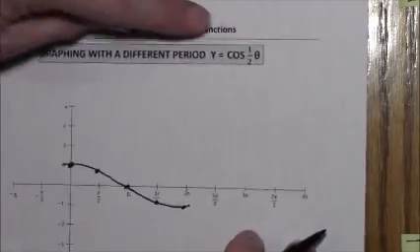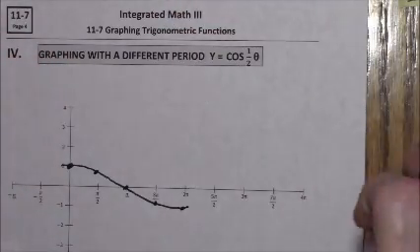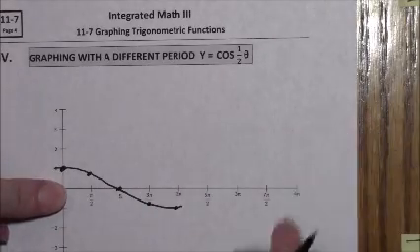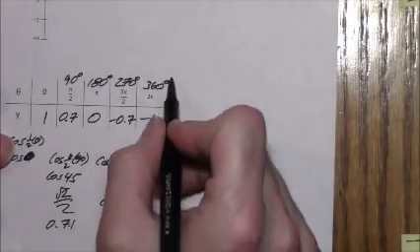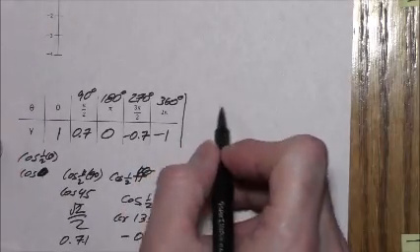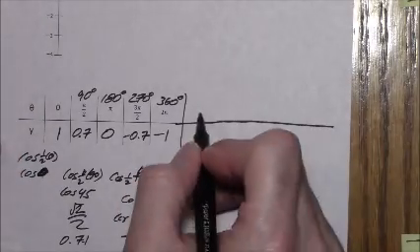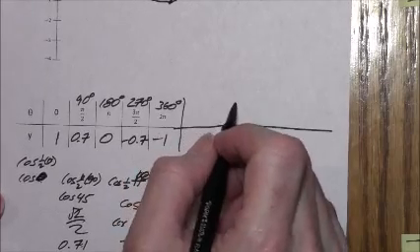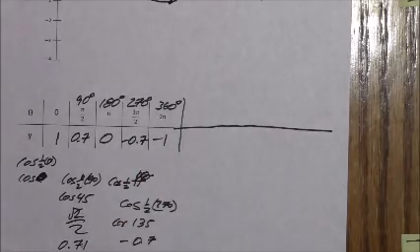In fact, the point of this is that the 1/2 stretches it out. So instead of the period being 2 pi, the period is now 4 pi, which means we have to do more of these. So I'm going to extend this. After 360, think about what happens here.